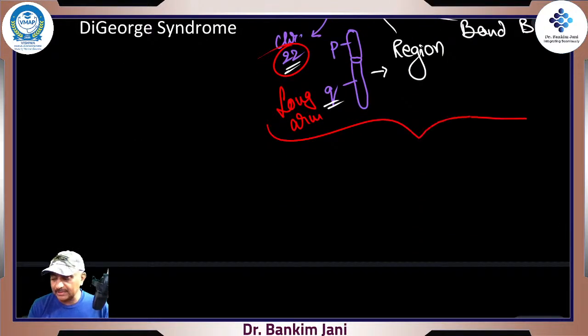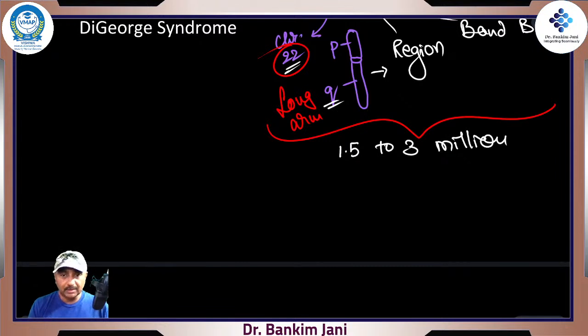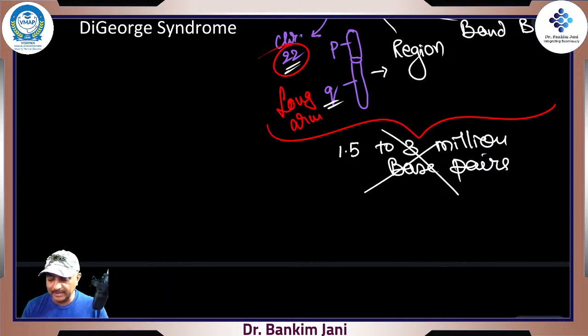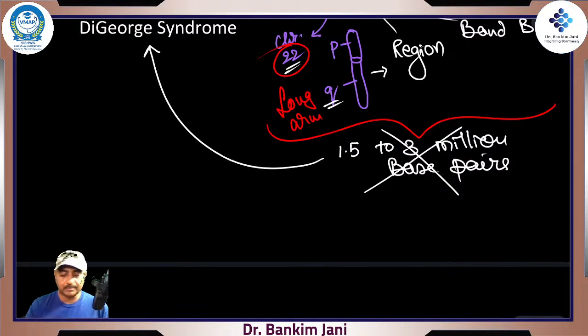Now in this region, which is so specific, you'll still find about 1.5 to 3 million base pairs, right? In a chromosome everything is in the form of base pairs, and when these base pairs are deleted, that will lead to what's called DiGeorge syndrome.